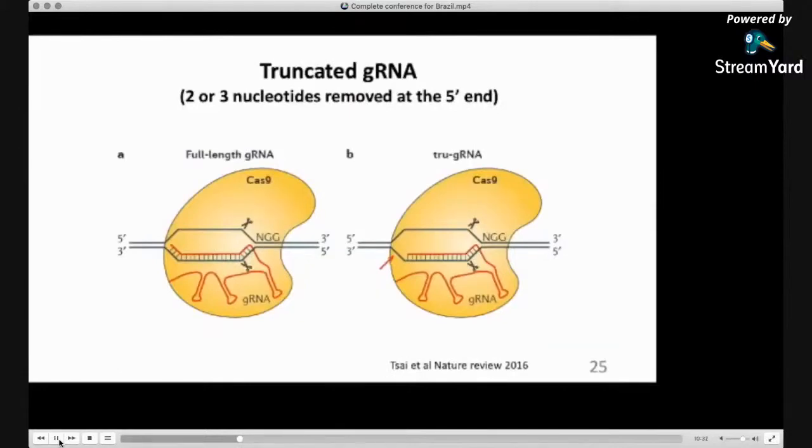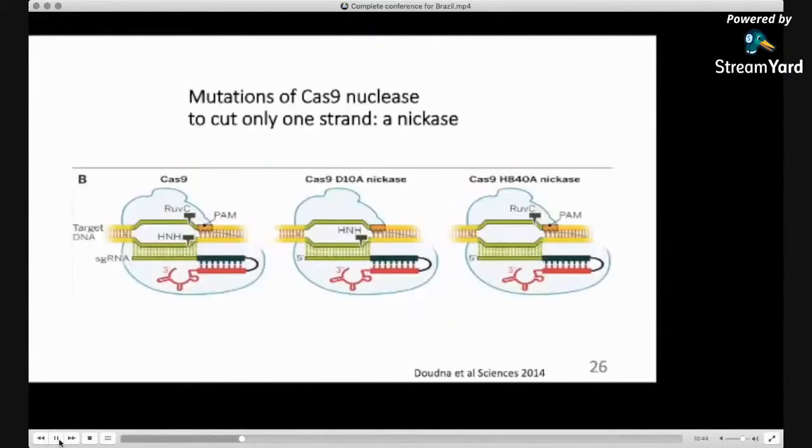One of the methods to reduce off-target mutations is simply to reduce by 2 or 3 the number of nucleotides of the single guide RNA which is binding with the target DNA. Another method is to use a mutated Cas9 nuclease that cuts only one strand of DNA. It is then called a nickase.